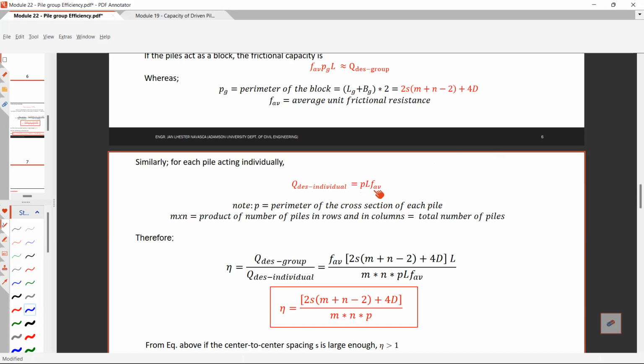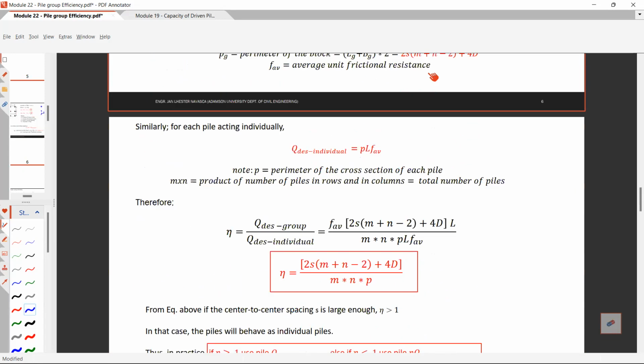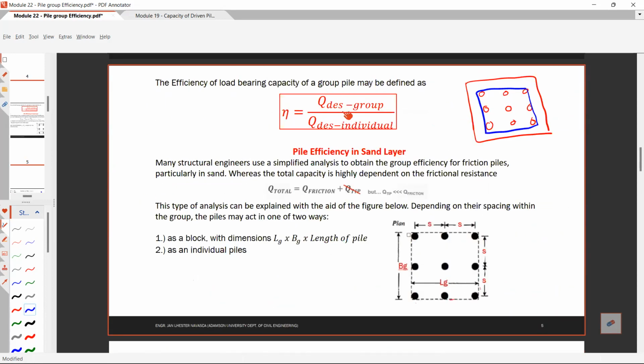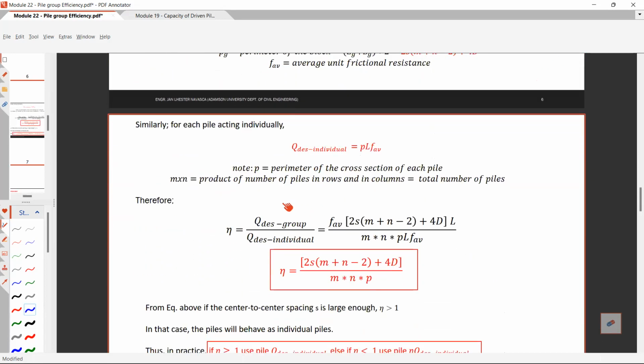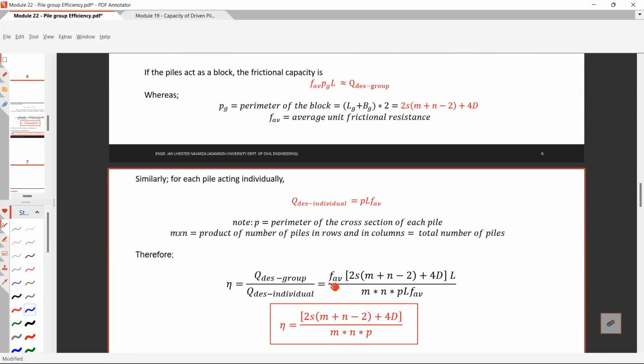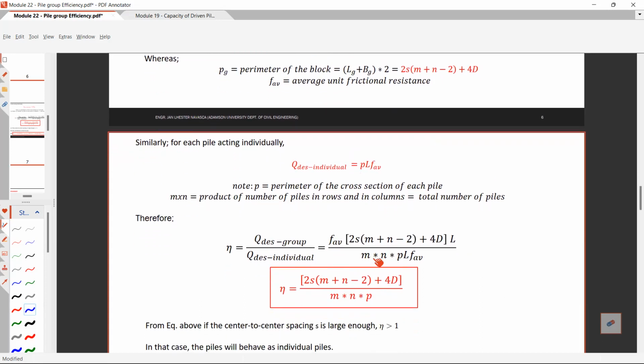Yan. So therefore, since the formula eta or nu, okay, the efficiency is the ratio of Q' in group and the Q' individual. Okay, so for the Q' in group, you have your fAB, you have your perimeter of the block, you have your total length L. And for the Q' individual, you have the total number of piles, which is M by N. Okay, the total number of piles is M by N. You have your P times L times fAB.